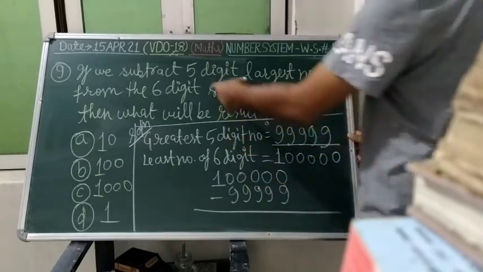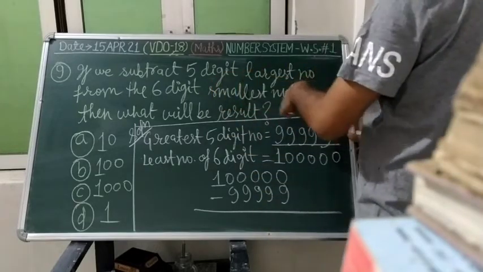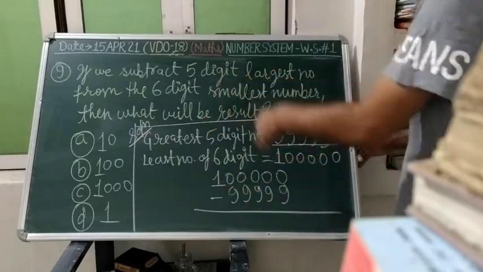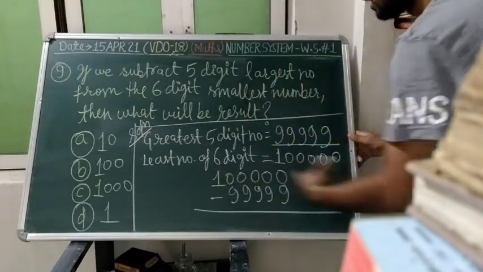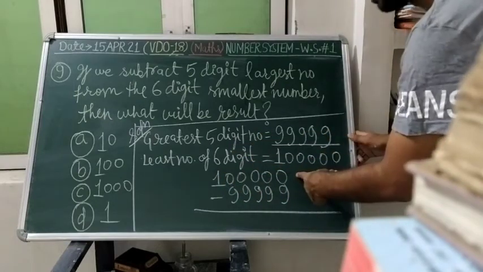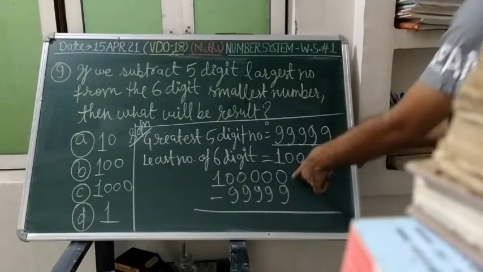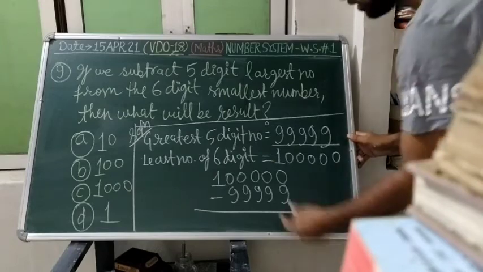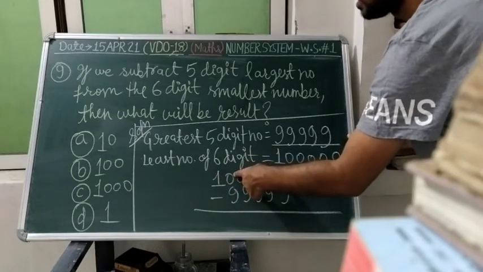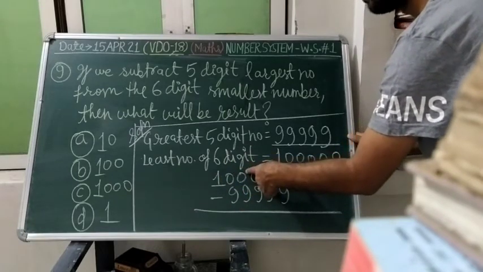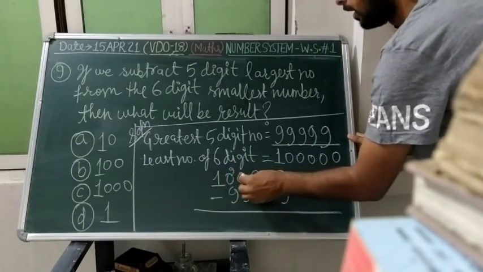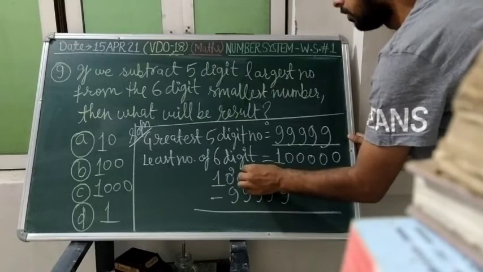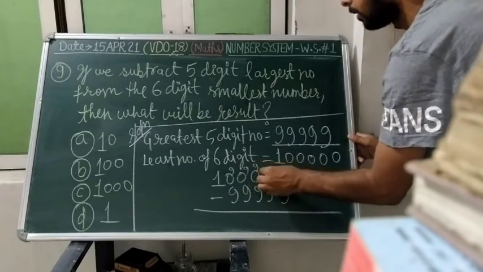They are saying to subtract the 5 digit largest number from the 6 digit number. So from is the 6 digit least number. So we will subtract this from this. Of course you carry 1, it becomes 10. Then again 1 will come here, it becomes 9, 9. Then 10 again, it becomes 9. Then again 9.